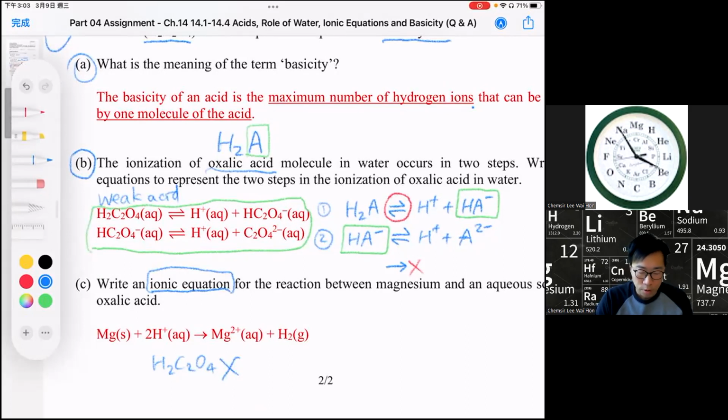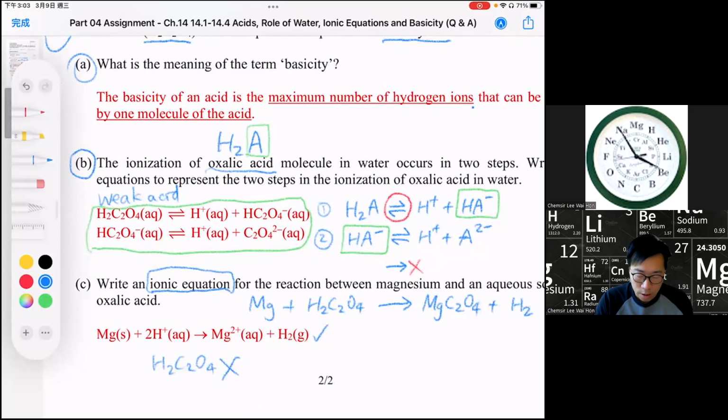So the answer is as simple as that: magnesium reacting with H+ to give Mg2+ and H2. Of course, you may start from magnesium reacting with oxalic acid, H2C2O4, as it is a dibasic acid. In the end, you get a salt, MgC2O4, because magnesium ion has the charge Mg2+, and then H2.